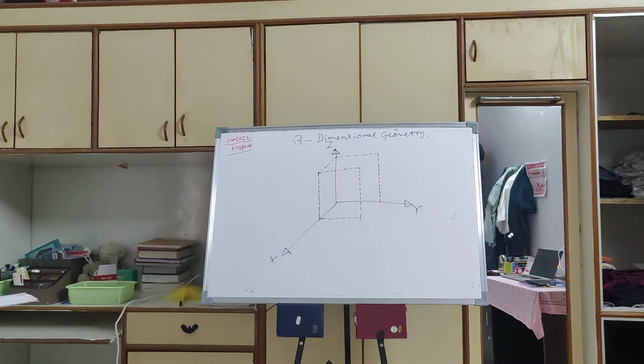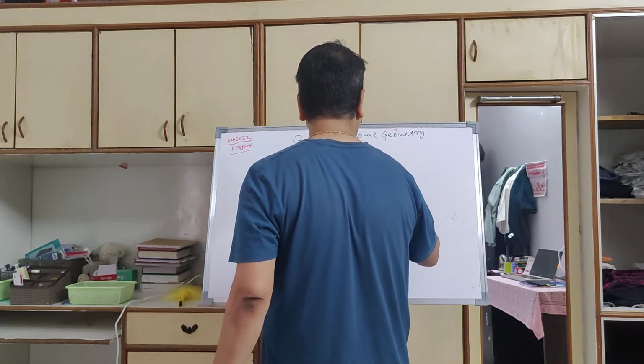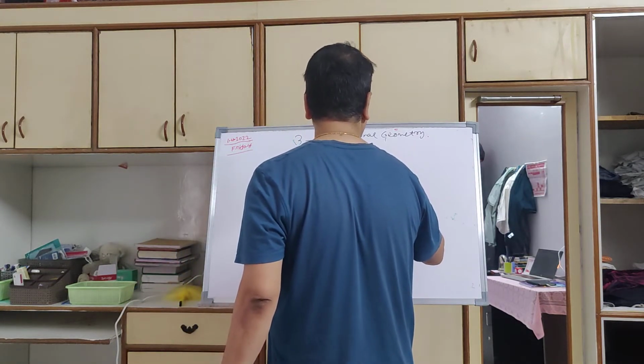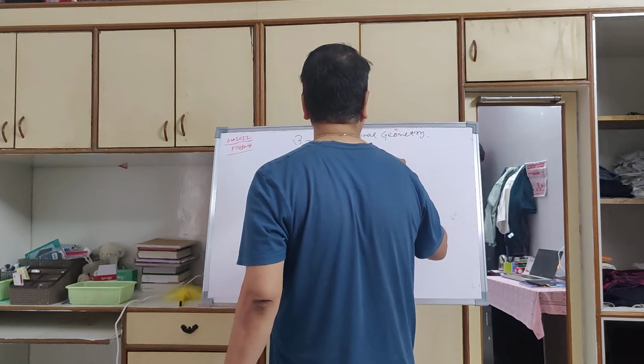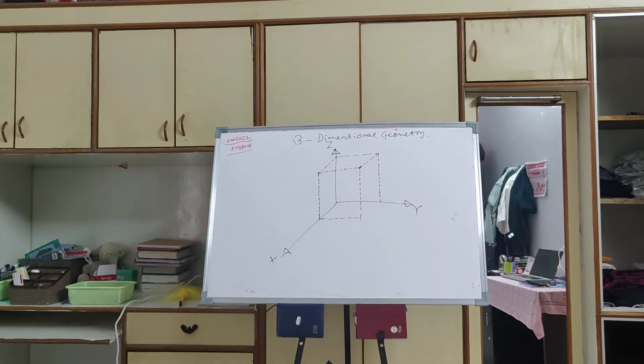Now you can see a 3D cube kind of figure, right? What do you call it in English? A rectangular solid is called a cuboid, and a square one is called a cube. So rectangle is cuboid, square is cube.